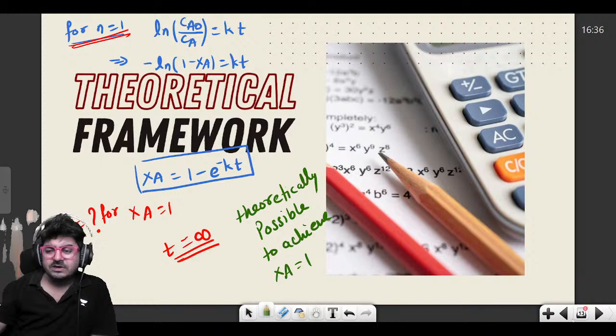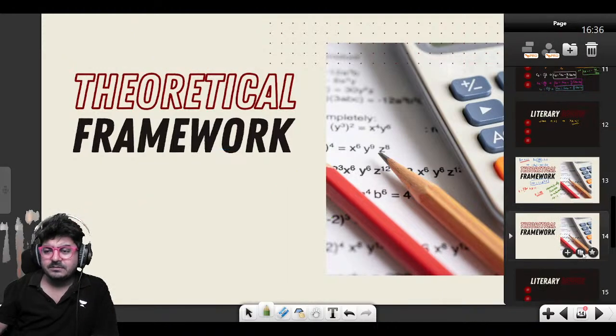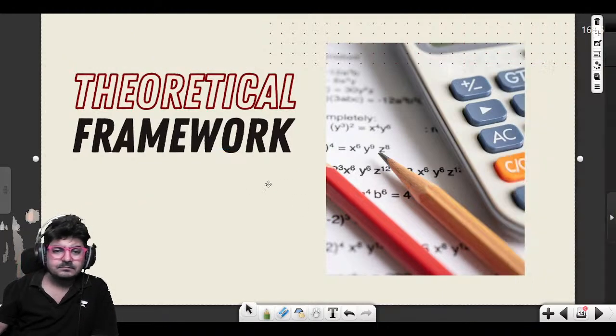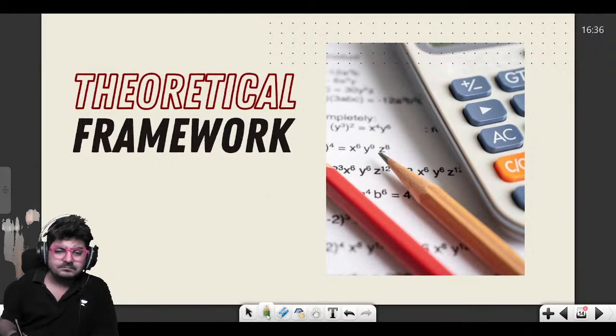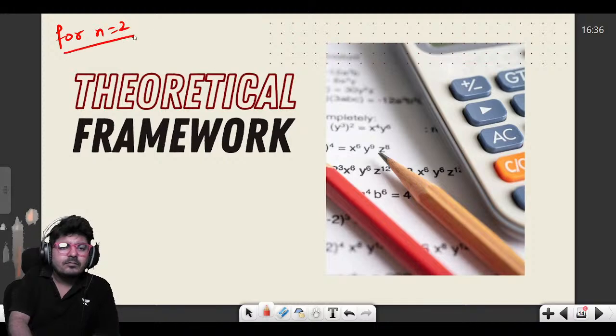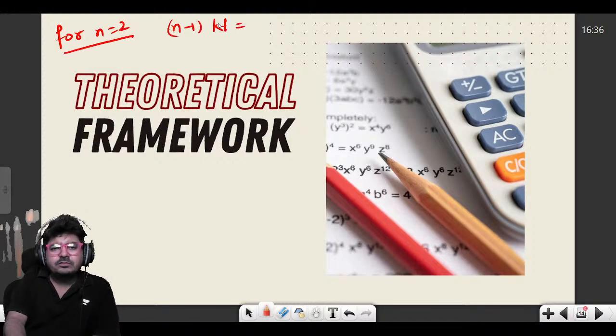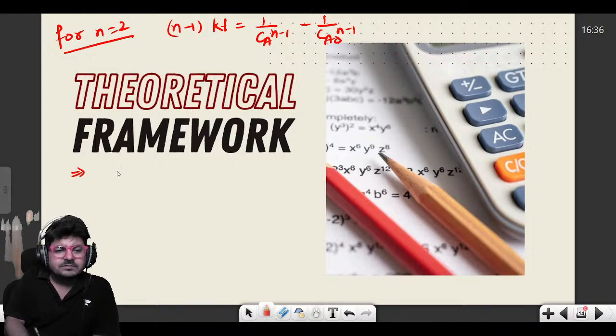But if I talk about the second order reaction, for example, you have the kinetic equation (n minus 1) kt equal to 1 upon Ca power n minus 1 minus 1 upon Ca naught power n minus 1. Put the values, it will become something like 1 upon Ca minus 1 upon Ca naught equal to kt.